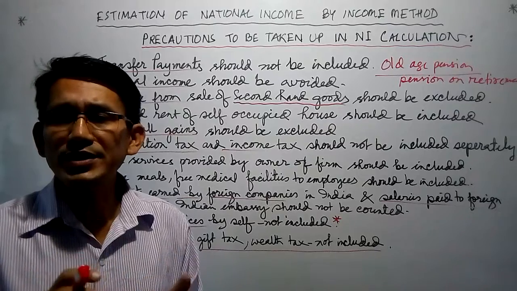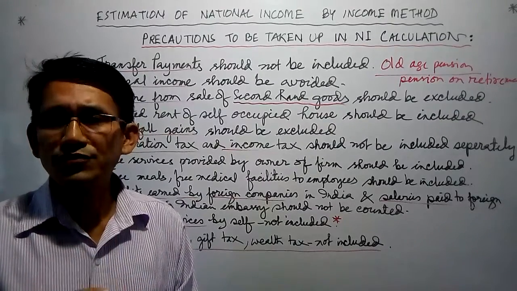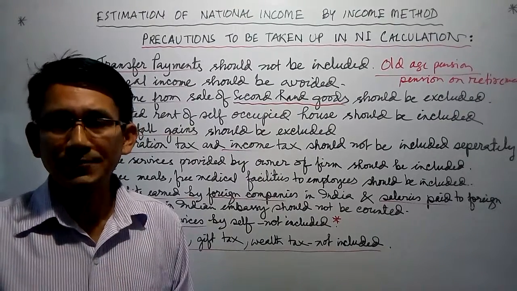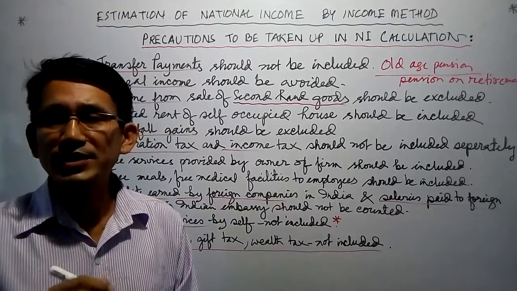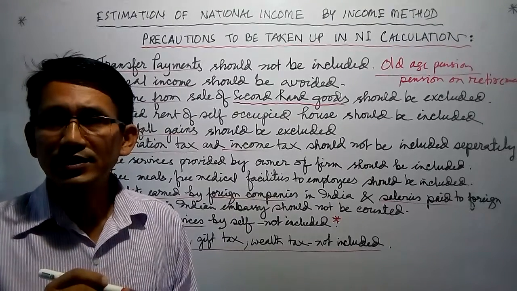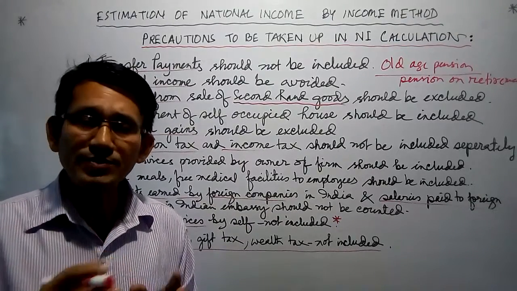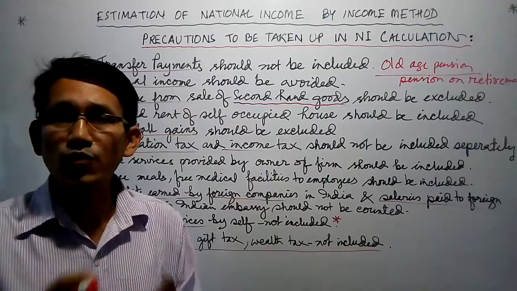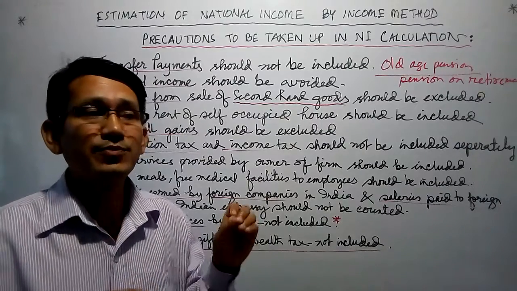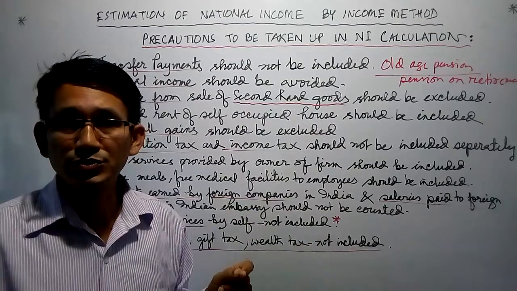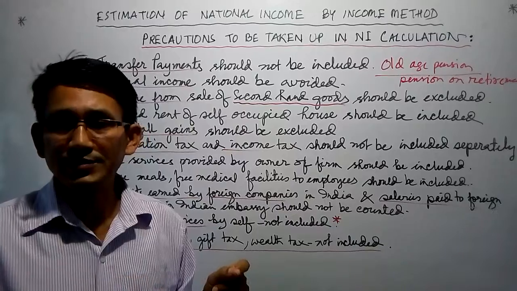So it is only a change of ownership. The value of the vehicle has already been counted in the calculation of national income when the vehicle was produced or purchased by a particular person. So it cannot be repeated.